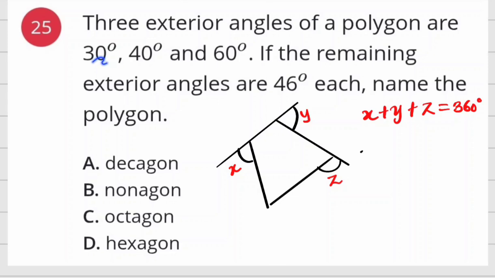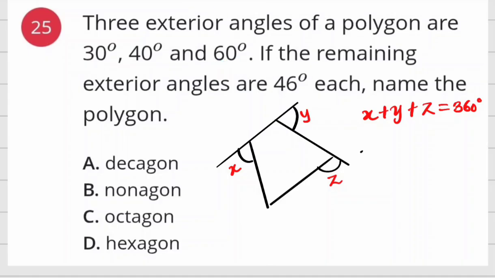So we know that 30, 40, 60, and 46 multiple times, because we are told that the remaining exterior angles are 46 each. We don't know how many. So let's sum all this together. 30 plus 40, 70, plus 60, that's 130.